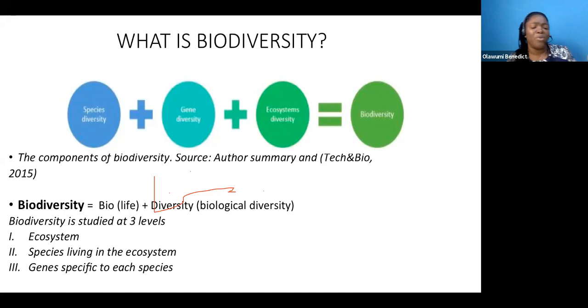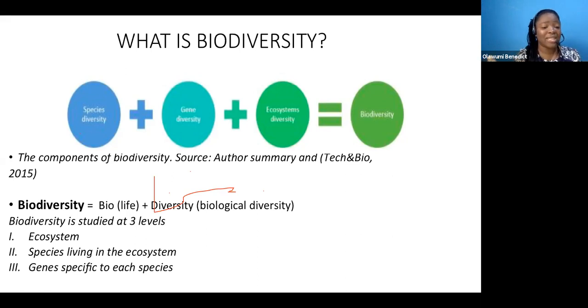And in other people's definition, some people say that it is variation among living organisms and the ecological structures that put them together. So there are a lot of different definitions, but in layman's language, in farmer's language, it is bio plus diversity, which is bio, life, and diversity, which is biological diversity.